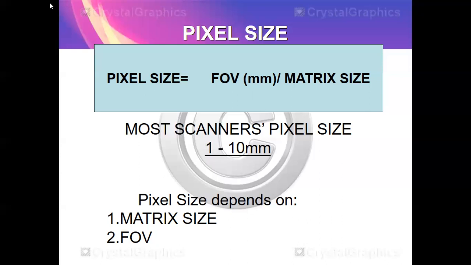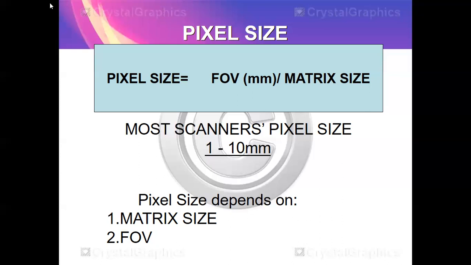Also, sa FOV naman, again, the higher the FOV, or mas wider yung field of view, malaki rin yung pixel size. Sa matrix size naman, they are inversely related. So kapag ang matrix size ay mas malaki, lumiliit ang pixel size.